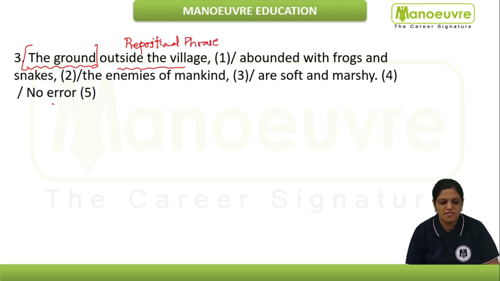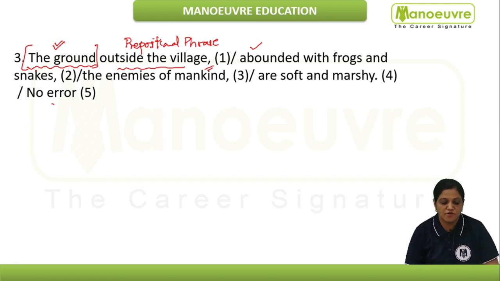So whatever may be the case, we do not have to get distracted or diverted by the phrase or any clause if added in the sentence. Okay, we would just stick to the noun, our subject, that is a noun, the ground. So remember one thing, that always the subject will only affect the verb and nothing else. So here a verb, again we have one more clause, that is abounded with frogs and snakes.